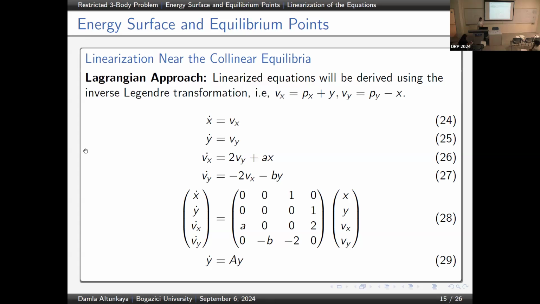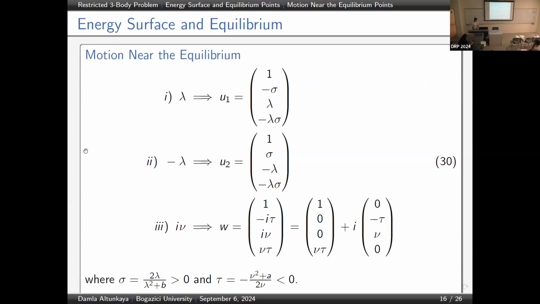Now I have linearized my system, so I can use linear algebra. I have found my eigenvalues and corresponding eigenvectors. Eigenvectors carry the information on the stability and whether the motion is periodic or not. It is important in that part.